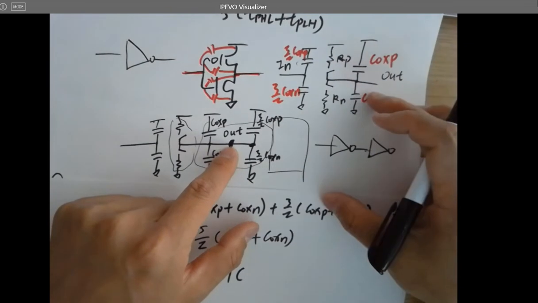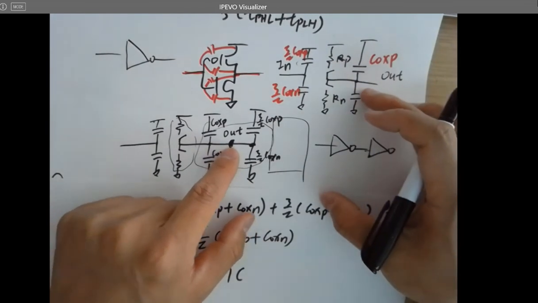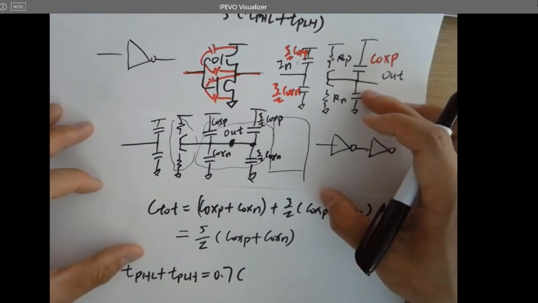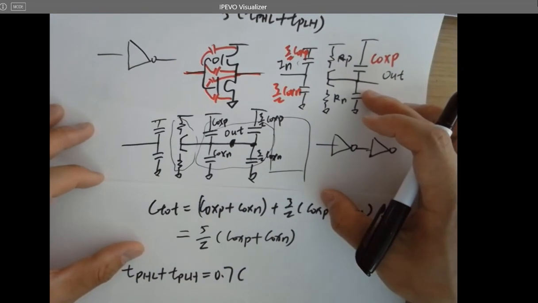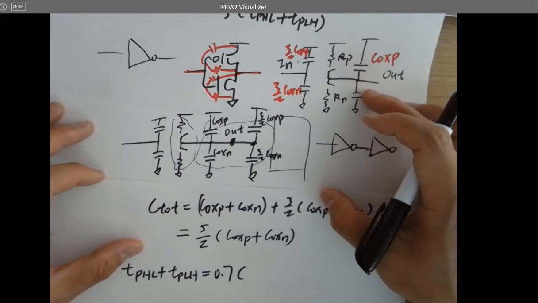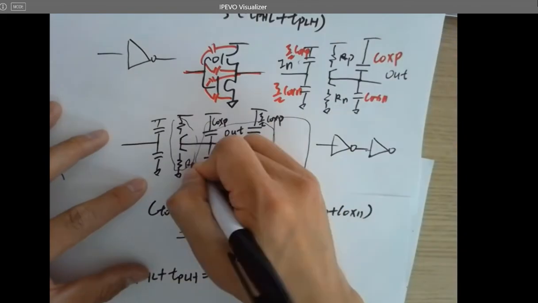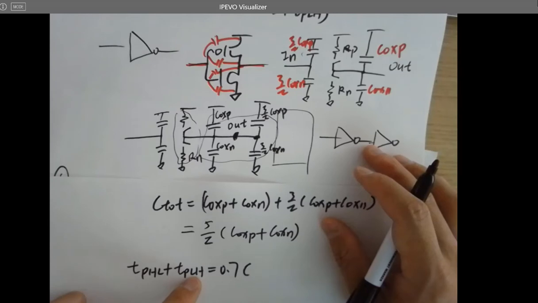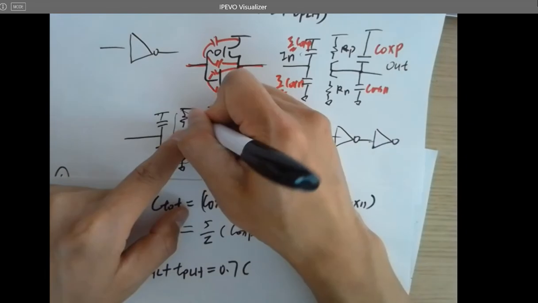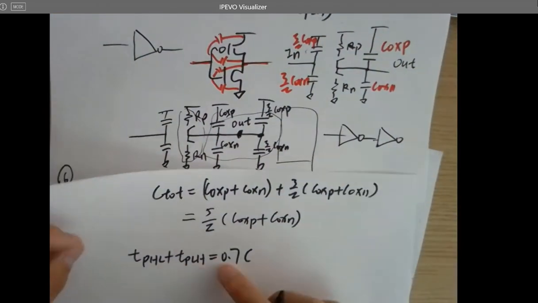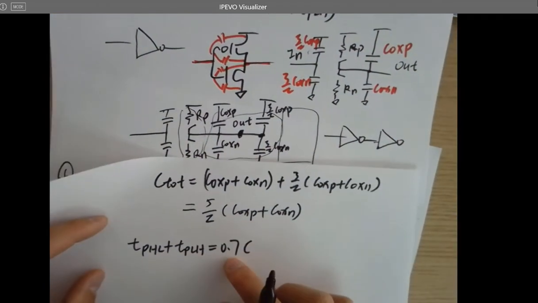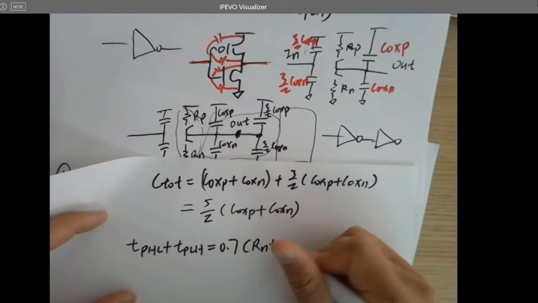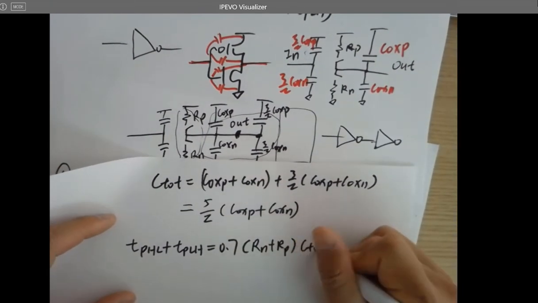So when the output is going from high to low, which resistor is involved? High to low, Rn, right? So whenever it's low to high, Rp is involved. So if you add them together, you can factor 0.7 out and add Rn to Rp times C total.